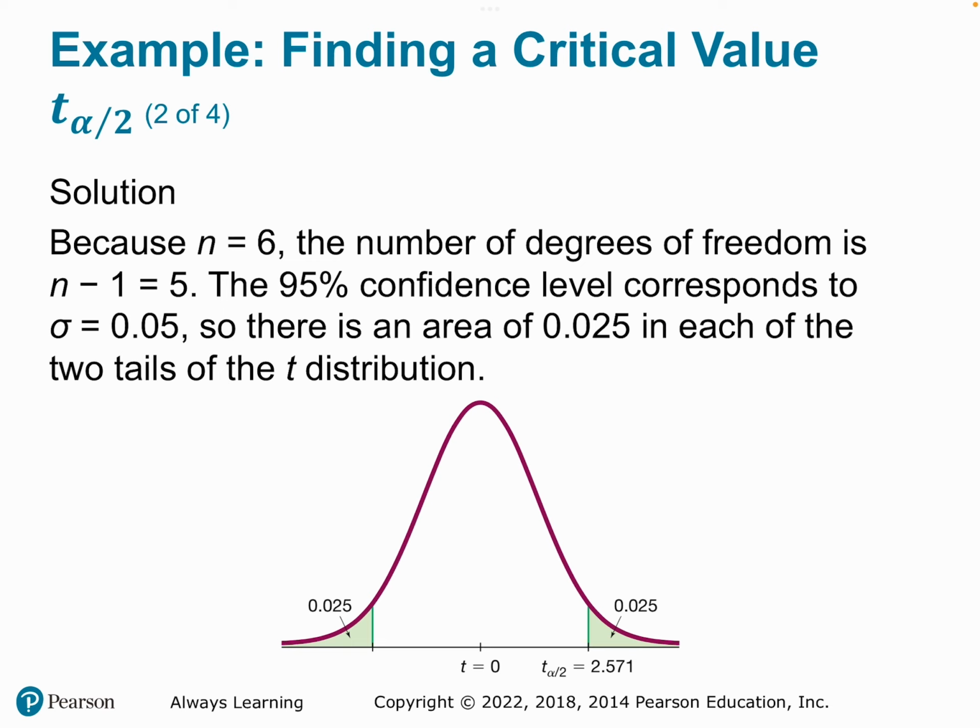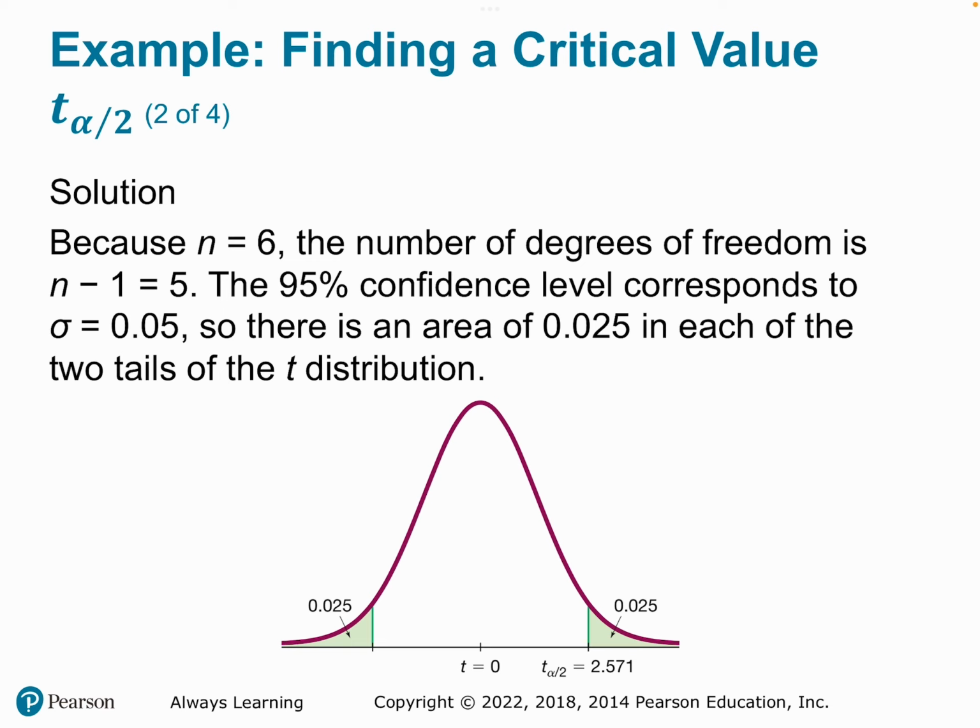We have a problem in the book where we had a sample size of 6, which means that the degrees of freedom is 6 minus 1, or 5. For a 95% confidence level, we would have to look at Table A3 and find the column that corresponds to a total area in two tails equal to 0.05, which is the complement of 0.95, or we could look at the column that is labeled as having an area in each tail equal to 0.025.